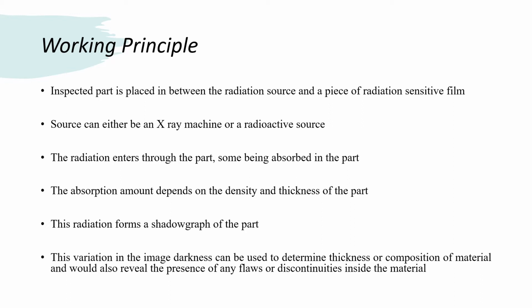Should there be a cavity or discontinuity in the interior of the material, the beam of radiation will have less material to pass through than in a solid material. Consequently, there will be a variation in the absorption of the rays by the material in the defective area. The variation, if measured or recorded on a film sensitive to X or gamma radiation, produces an image that will indicate the presence of the defect.